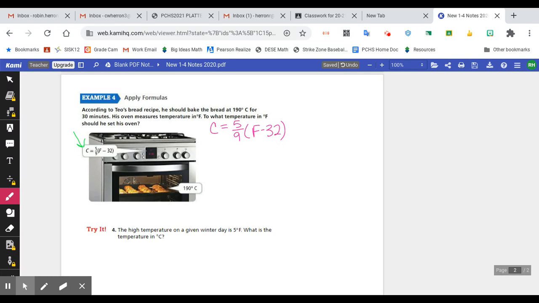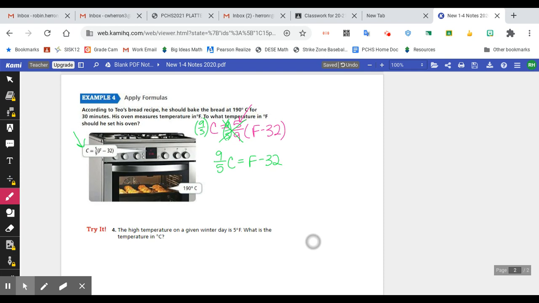Okay? In this case, we have another fraction, but multiplying by the denominator is only going to get rid of 9. So in order to get rid of the entire fraction, we have to multiply, in this case, by the reciprocal, 9 over 5. Okay? That way, the 9's cancel and the 5's cancel when we multiply. Okay, so I'm left with 9/5 C equals F minus 32.